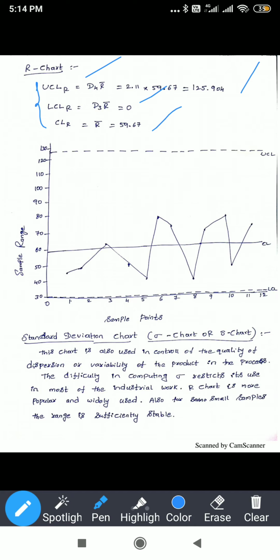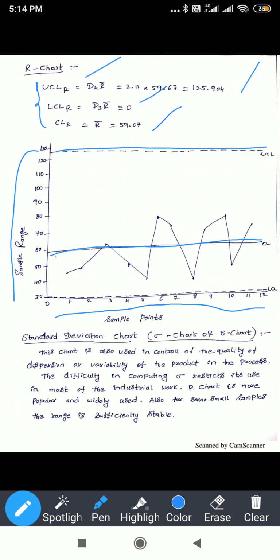Take the sample points on the x-axis and the sample range on the y-axis, and draw the first CL line, that is 59.67, and the UCL line and LCL line.